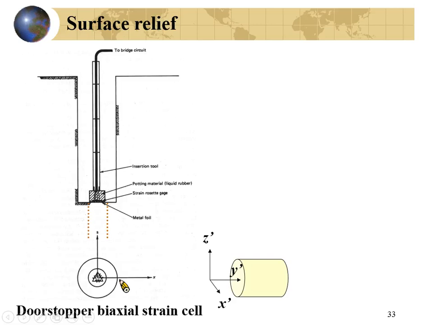And we drill a borehole over the strain gauge. Then the stress around here, outside here, will be released. So we call it overcore. Like this, overcore it, then the stress will be released.